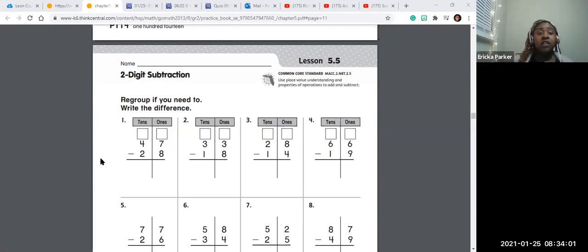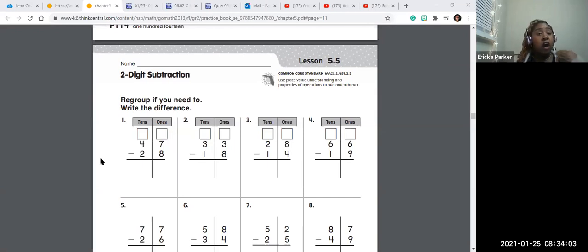I'm going to pull up a worksheet, maybe one some of you may have done already within your math lessons for homework, and we're going to run through a couple of these problems and see what we can do because we need the practice.